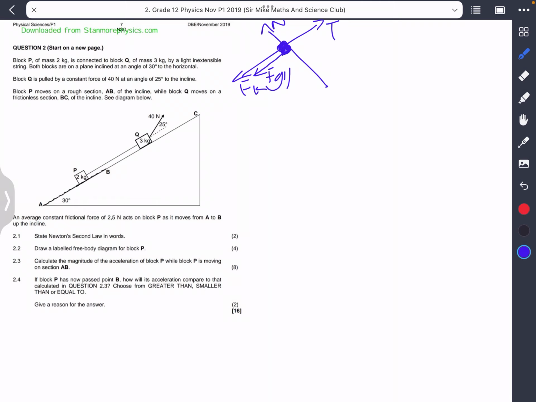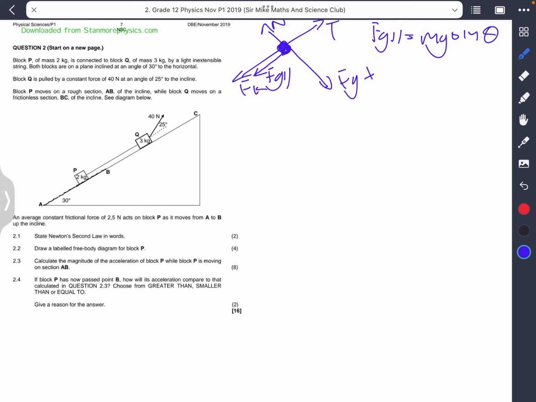And that would be Fg perpendicular. Now, to calculate Fg parallel, let me write that in a simplified way: you'd say mg sine of theta.